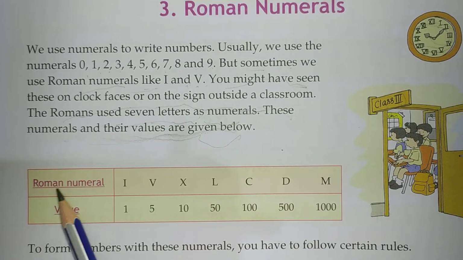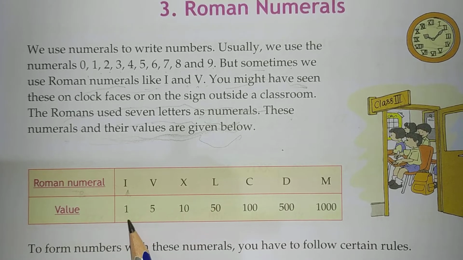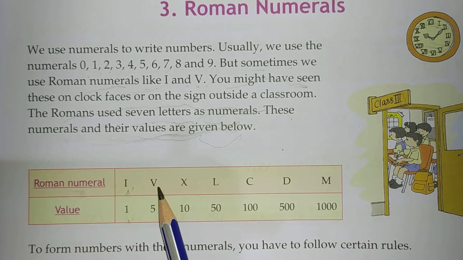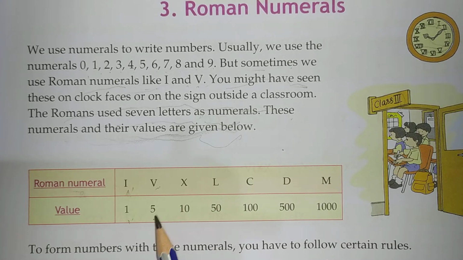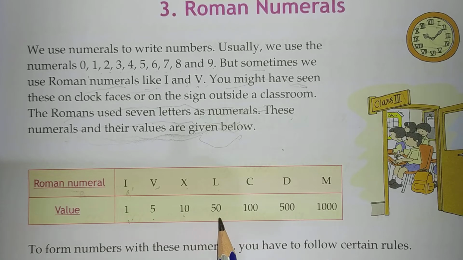Let's see the Roman numerals. What is the value of I? 1. The value of I is 1. What is the value of V? 5. What is the value of X? 10. What is the value of L? 50. What is the value of C? 100.